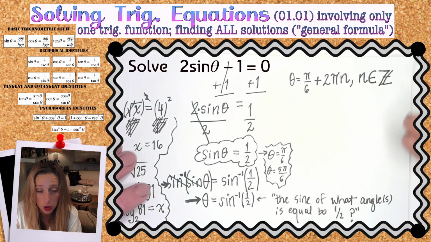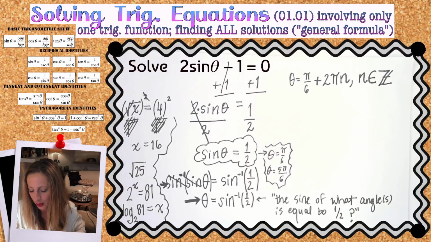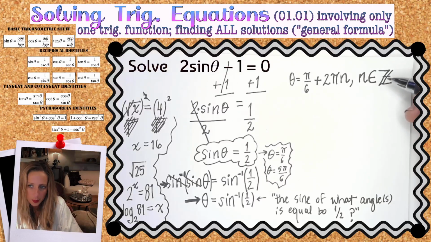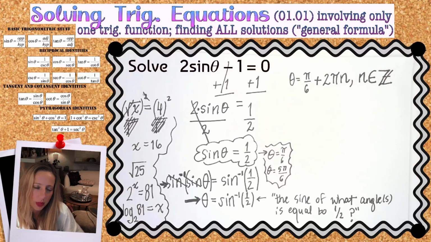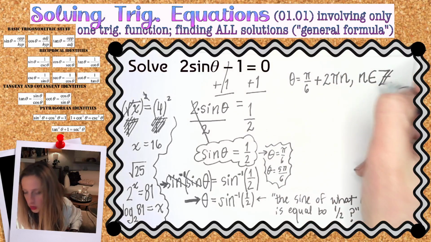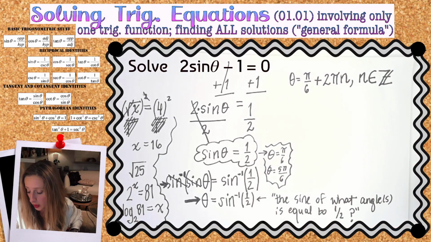Integers are numbers like -2, -1, 0, 1, 2, 3, 4, 5. So we're not getting parts of numbers. We're only getting whole amounts of numbers. Now, if I write this once on top of my paper for a certain assignment, I might say for all uses of n on this worksheet, n is an element in the set of integers. Once you imply it once and apply it to your whole assignment, you don't have to keep writing it. If you want to write it every time, go crazy. So that is one general solution or a general formula.